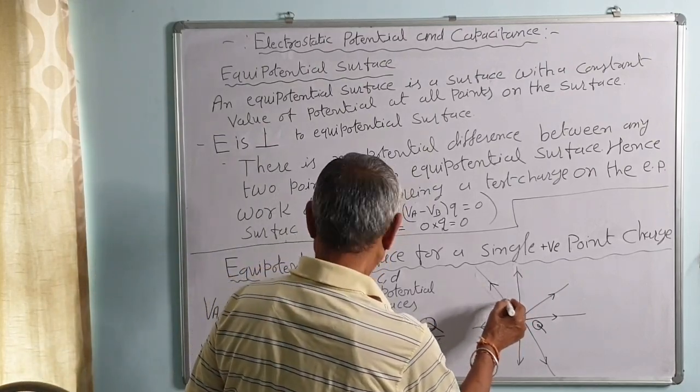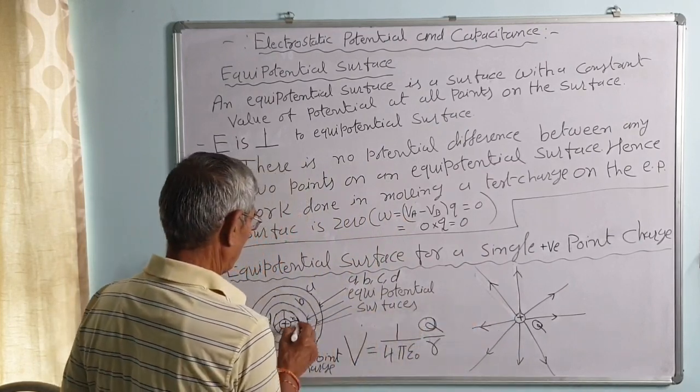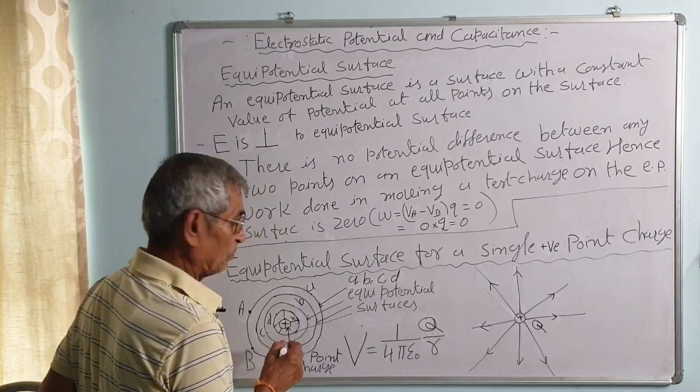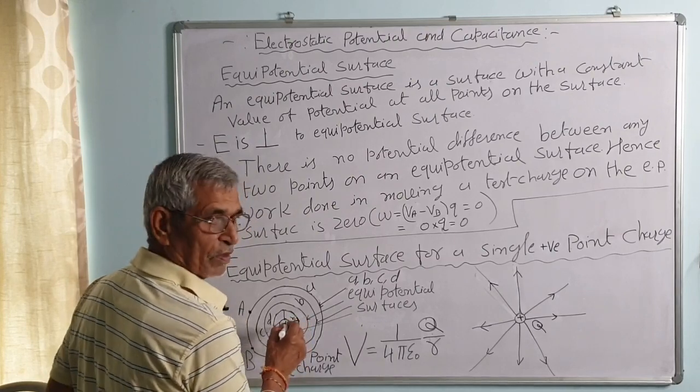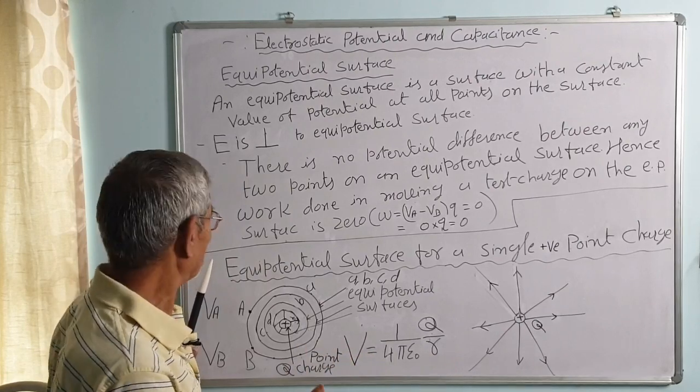So, if we move a charge over the surface, work done will be 0, or E dot ds, or dx or dr, whatever you call the distance.